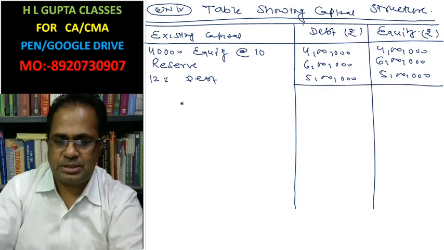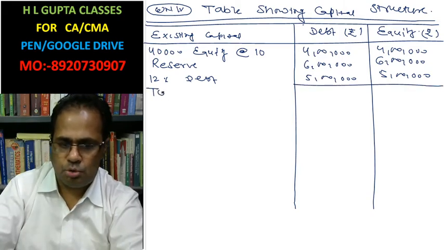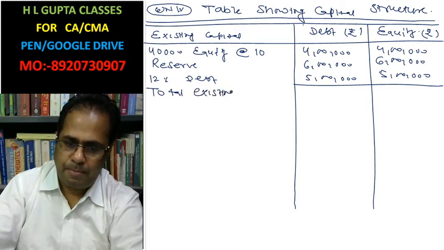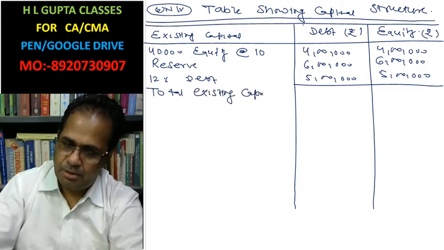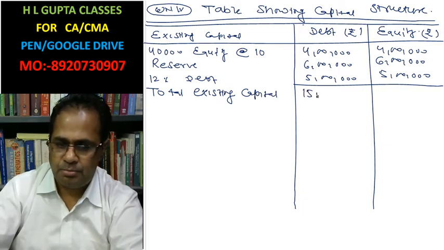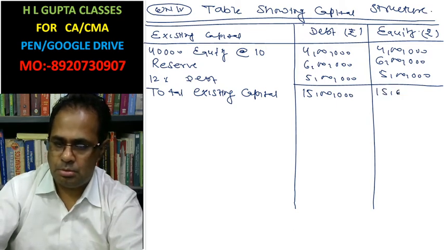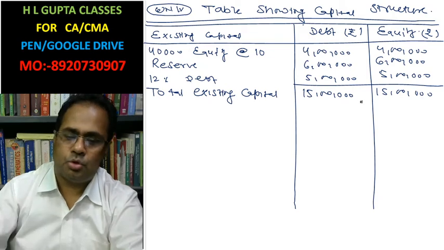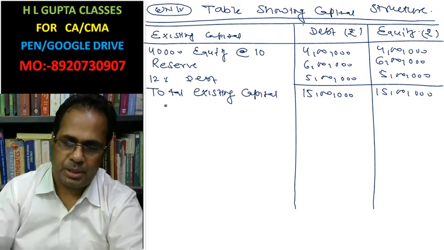Total existing capital. This is 15 lakh. Total existing capital 15 lakh.